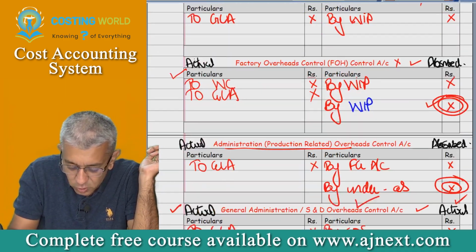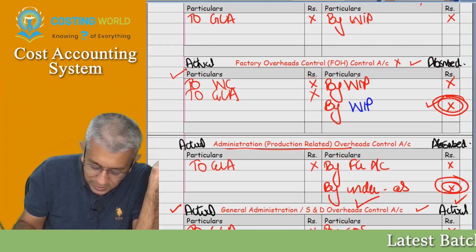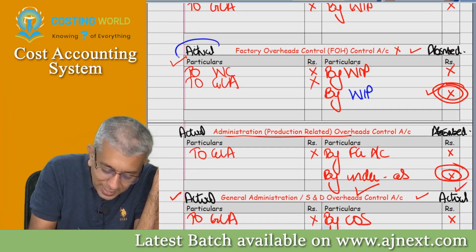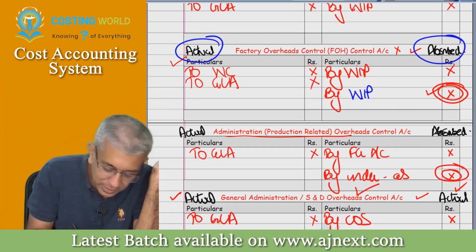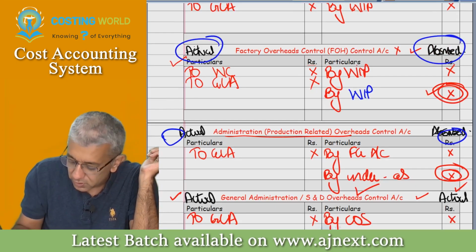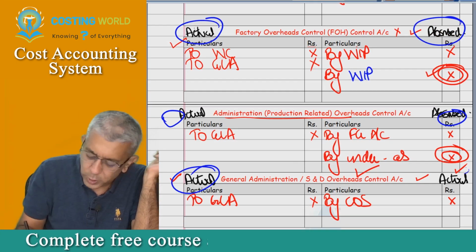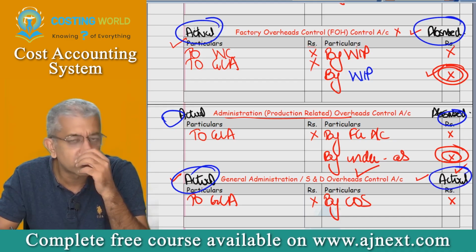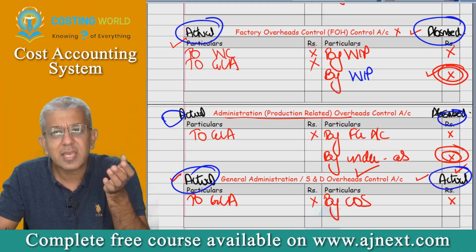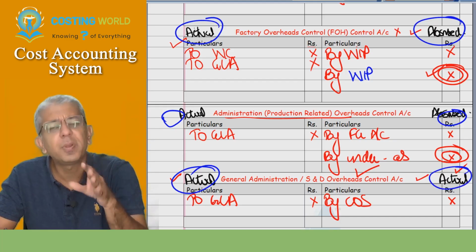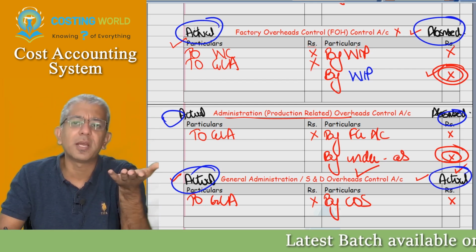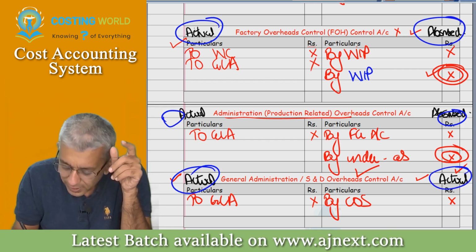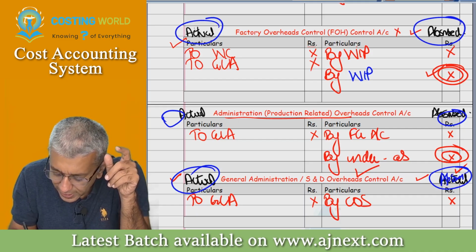If I see these original accounts, here actual amount comes, here absorbed comes, here actual comes, here absorbed comes. Here only actual comes, because absorption costing does not apply to S&D. But if the company applies, then you also apply. You are not bigger than the company. If the company applies, then on the credit side the absorbed amount will come.